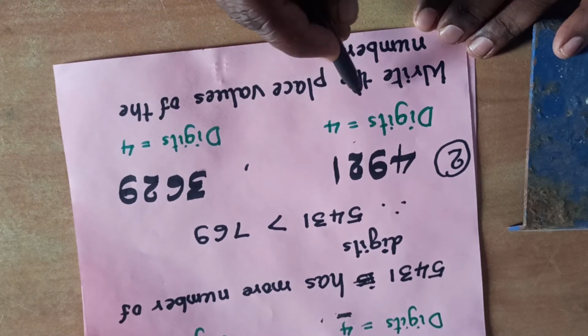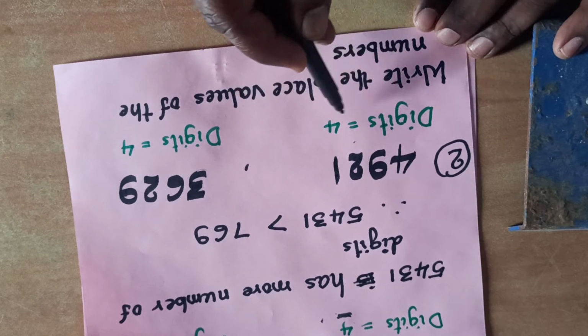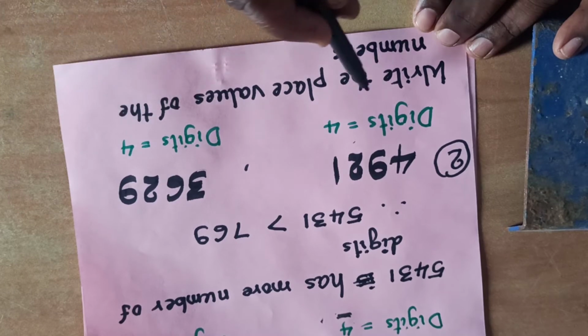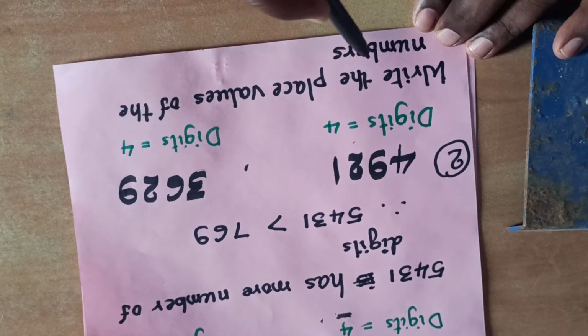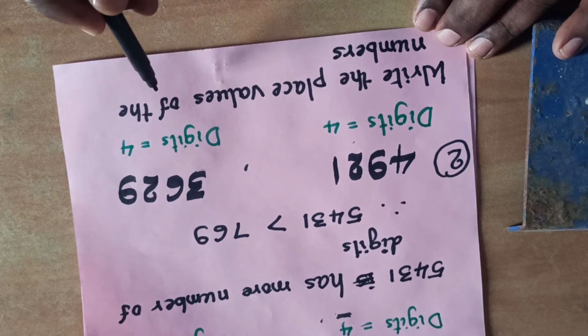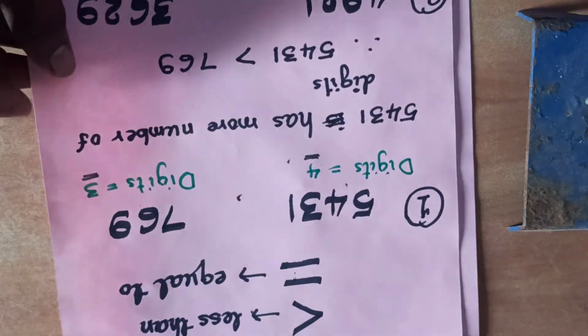If both numbers have an equal number of digits, then what do we do? Write the place values of the numbers.